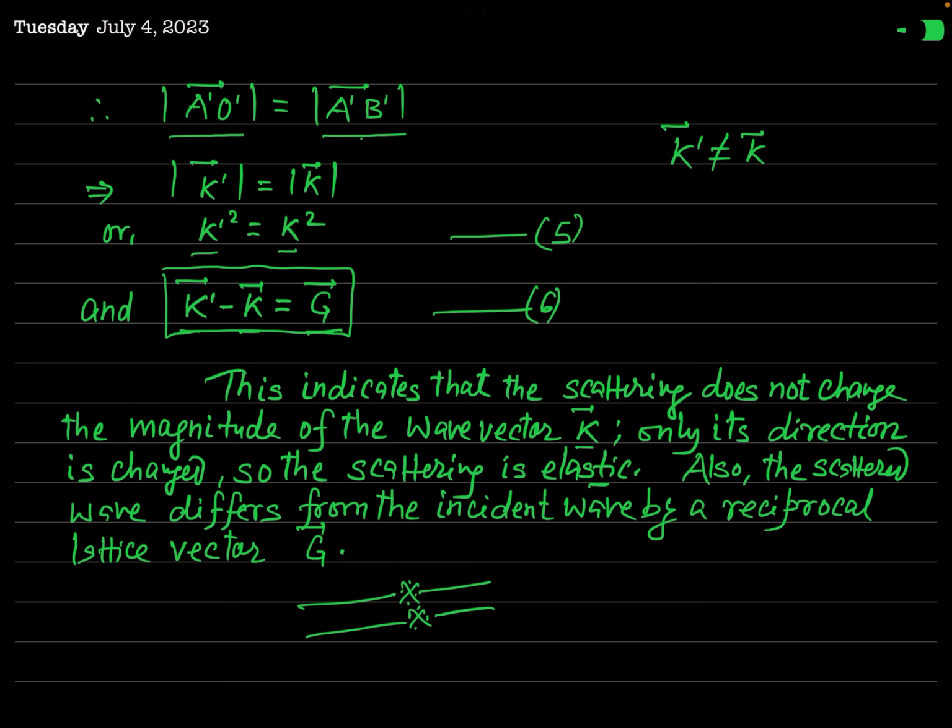When I taught you Bragg's law, I told you that this scattering of X-rays by crystals, as proposed by Bragg, is elastic scattering. And also the scattered wave differs from the incident wave by a reciprocal lattice vector G. So in this lecture you have actually learnt three things.